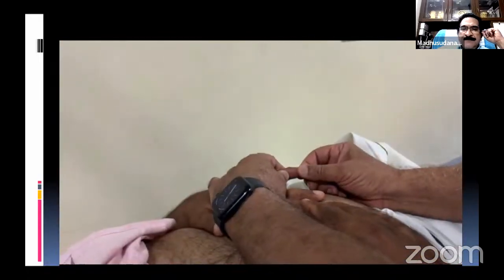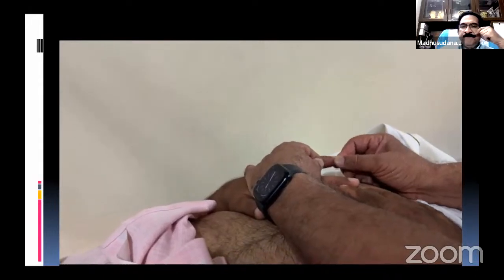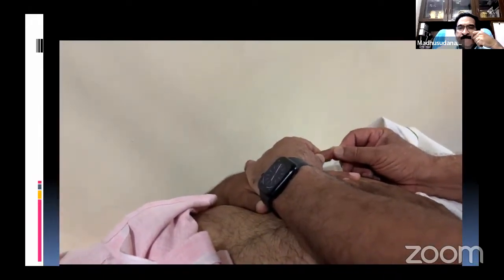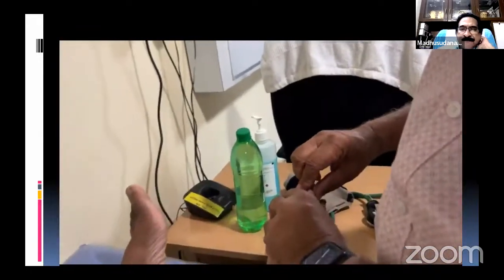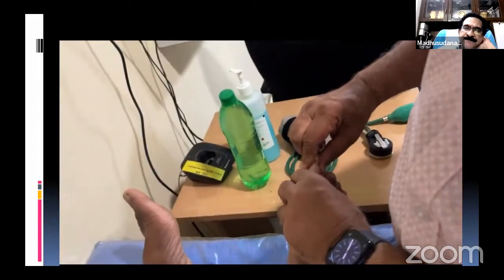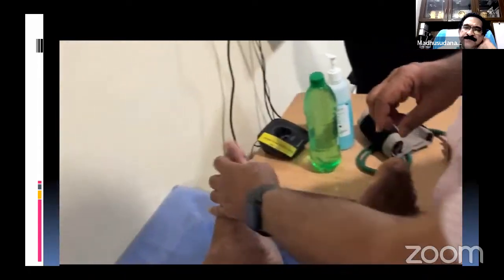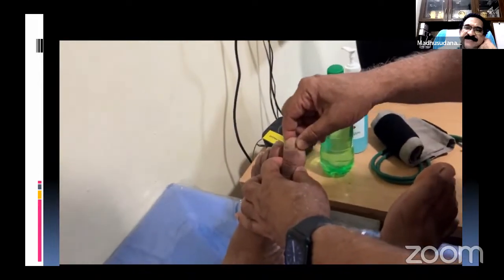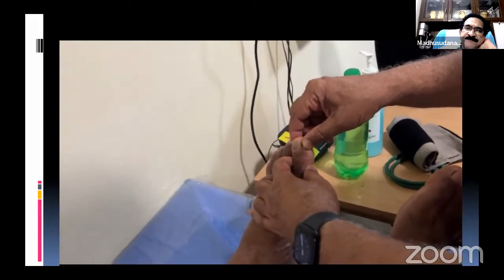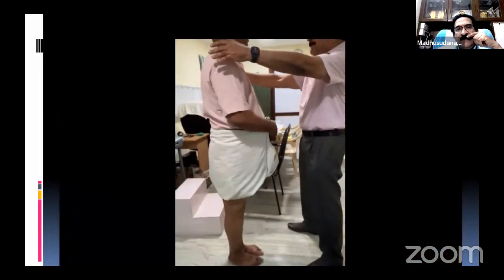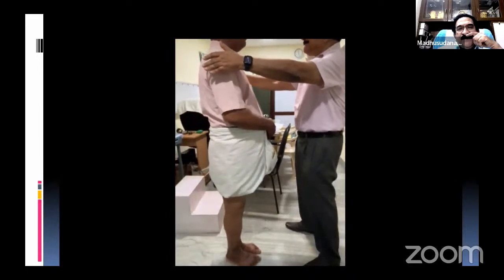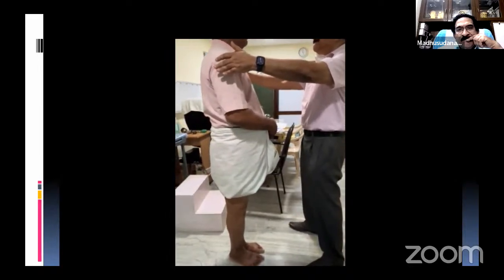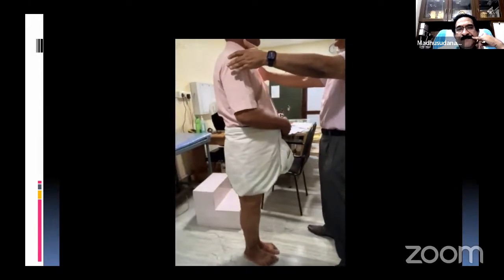In the upper limb, joint position sense was fine, but in the lower limb he made mistakes. He said he does not know. Then Romberg's: very positive, not very sure. Normal, almost normal.